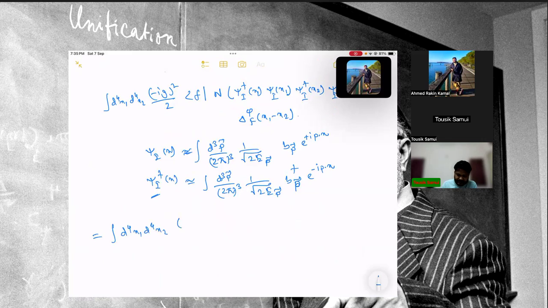Minus i g squared over 2, and then we have the full integration over the four-volume, the integration from this psi and psi dagger.